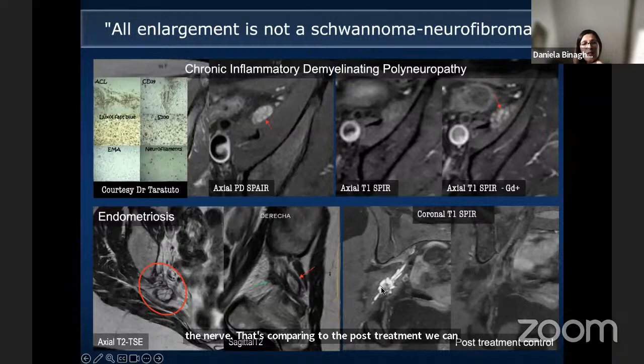This is endometrial tissue that has been bleeding, and the darker signal is due to the hemosiderin deposits.